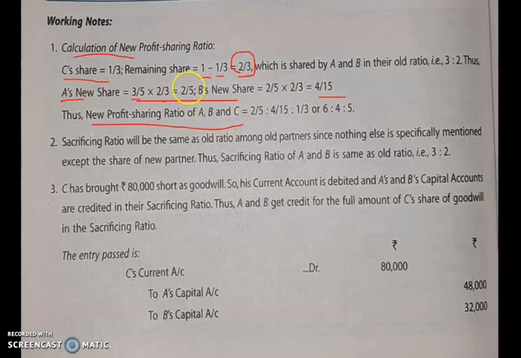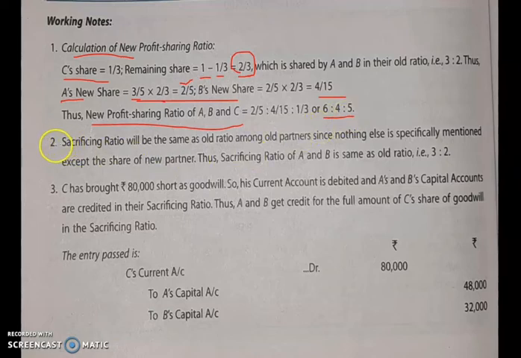When you calculate it, you get A's new share as 2/5, B's share as 5/15, and C's share in this partnership firm is 1/3. It is already given. So making the denominator common, at the end the result is 6:4:5. This is the new profit sharing ratio.